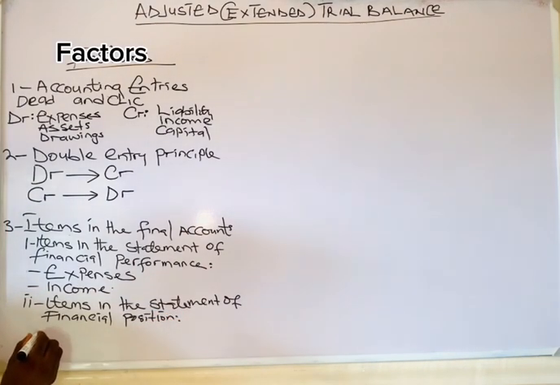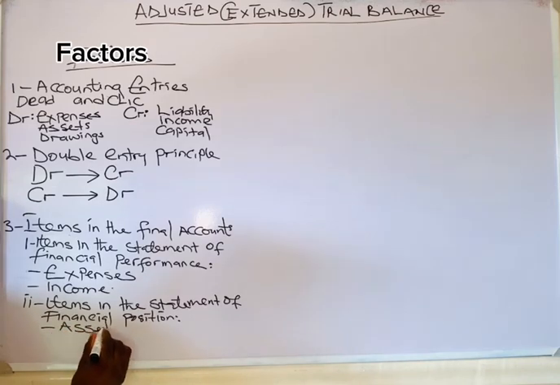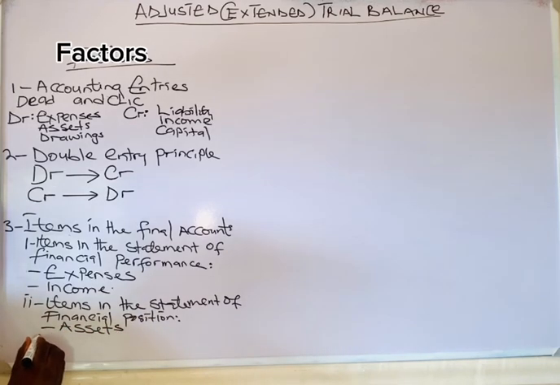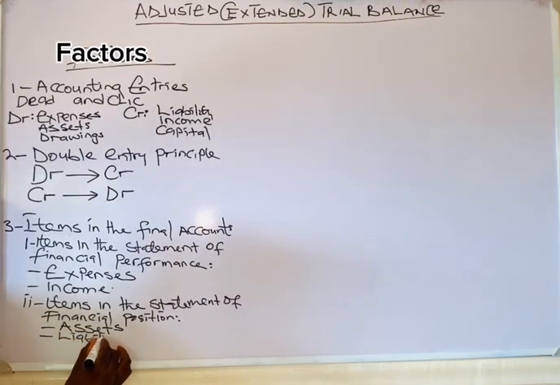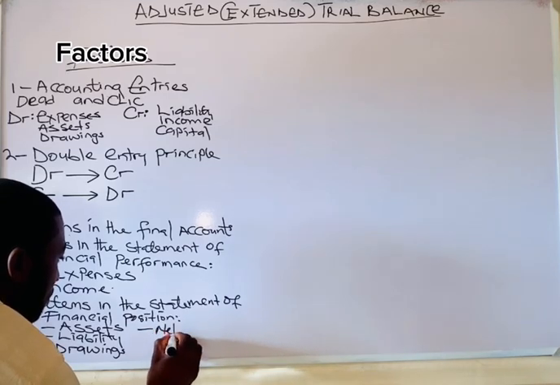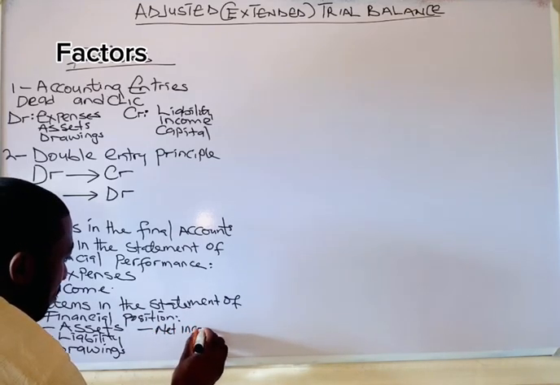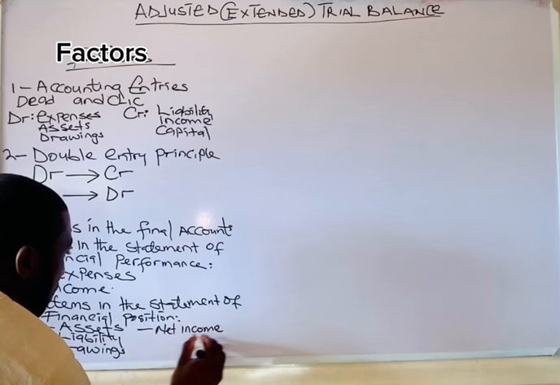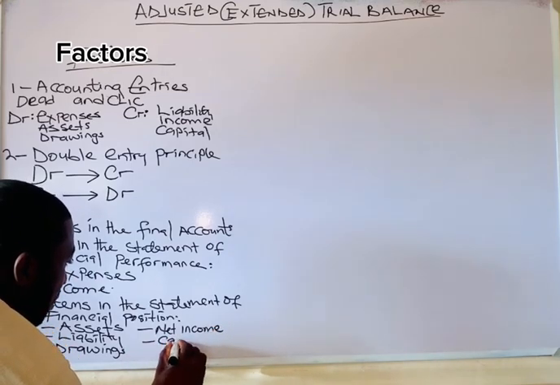And these items are: we will have the assets, we have liabilities, we have drawings, we have net income, we have capital.